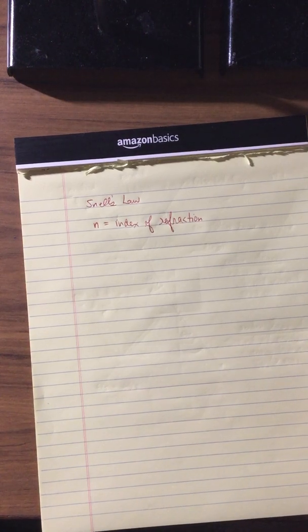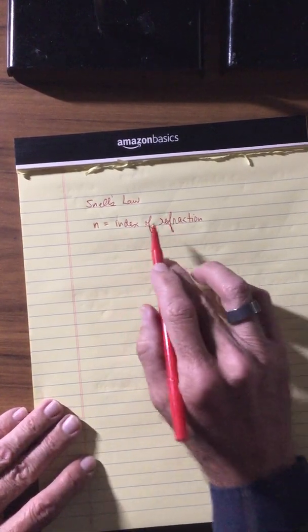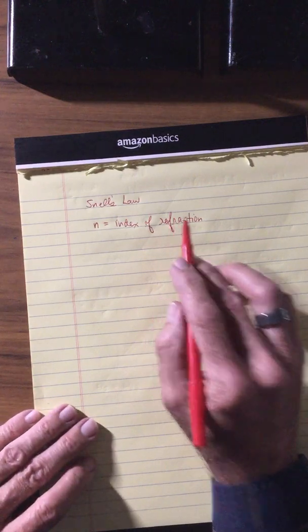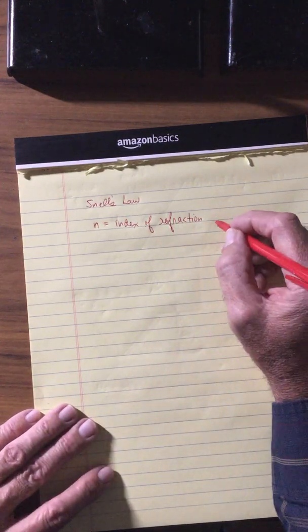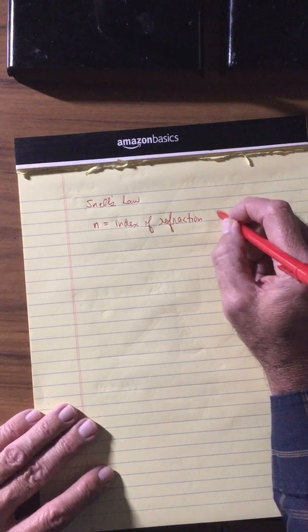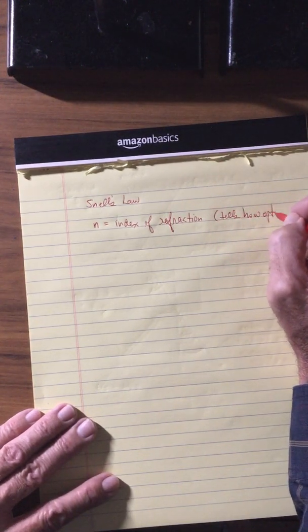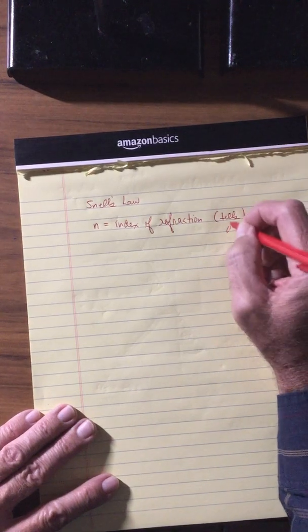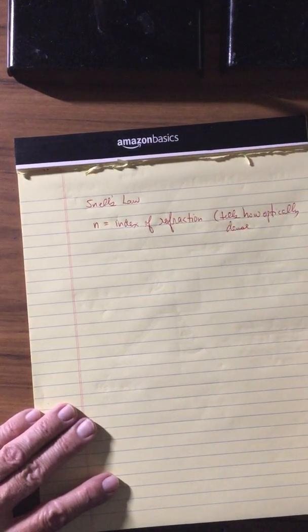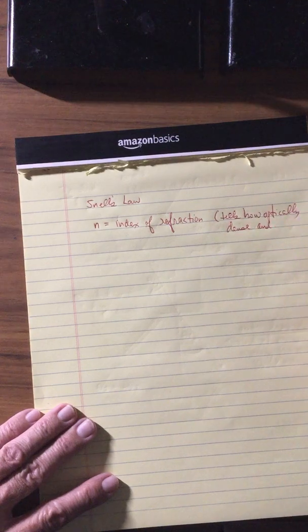So they're changing that. So the index of refraction, how much refraction are we going to be getting? So this tells how optically dense a material is, and it also tells how much the light's going to bend.